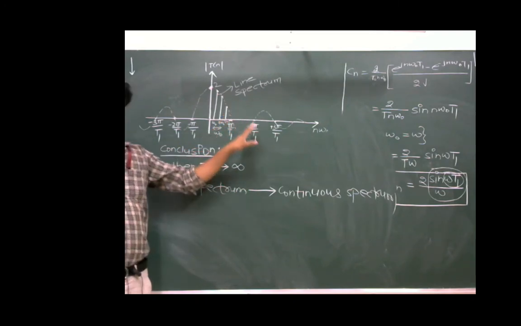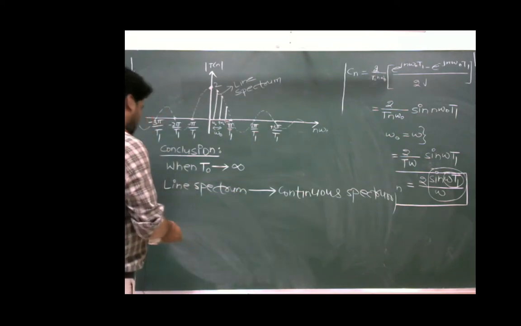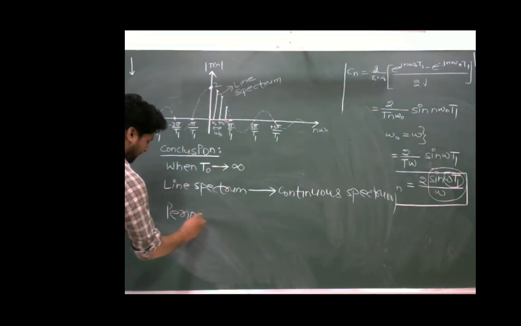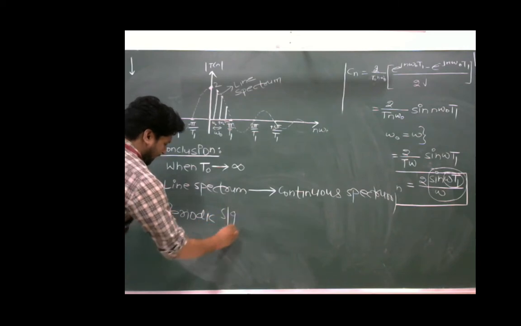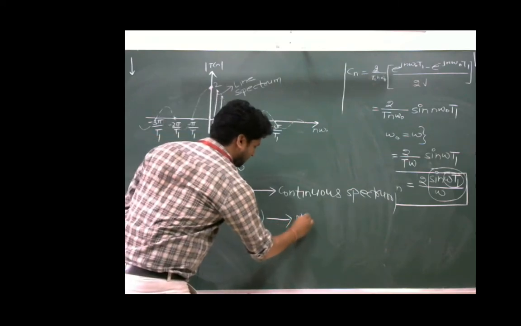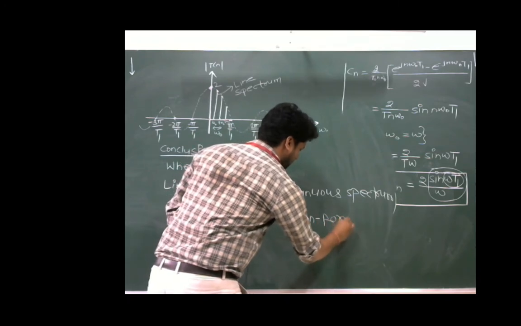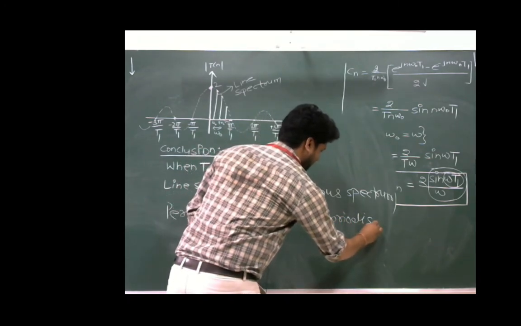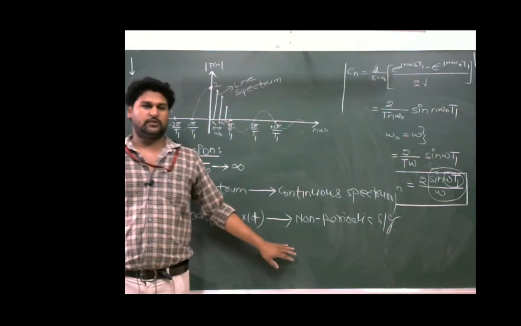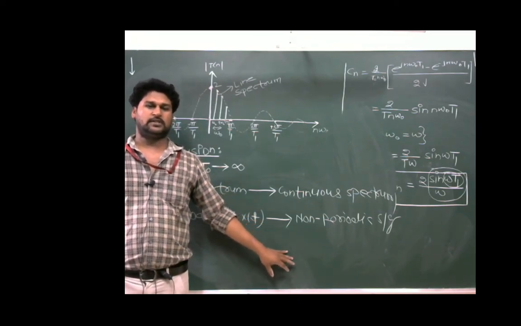This line spectrum is converted into a continuous spectrum, and the periodic signal x(t) is converted into a non-periodic signal. This is where the Fourier transform starts.